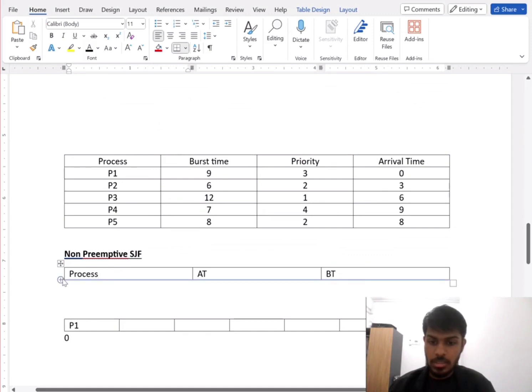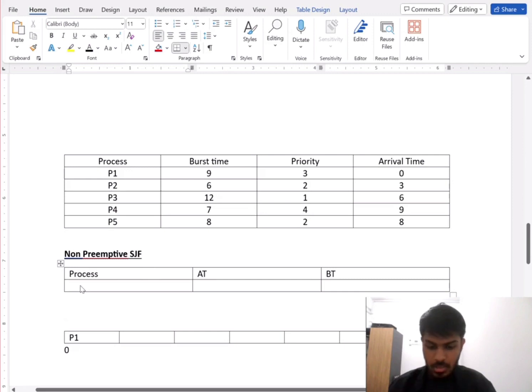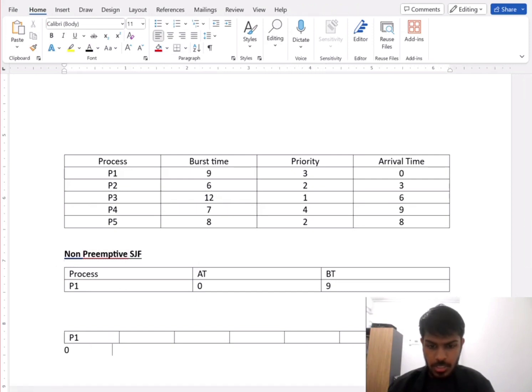Thus, the first process will be P1. The arrival time is 0. The burst time is 9, and the process stops at 9.